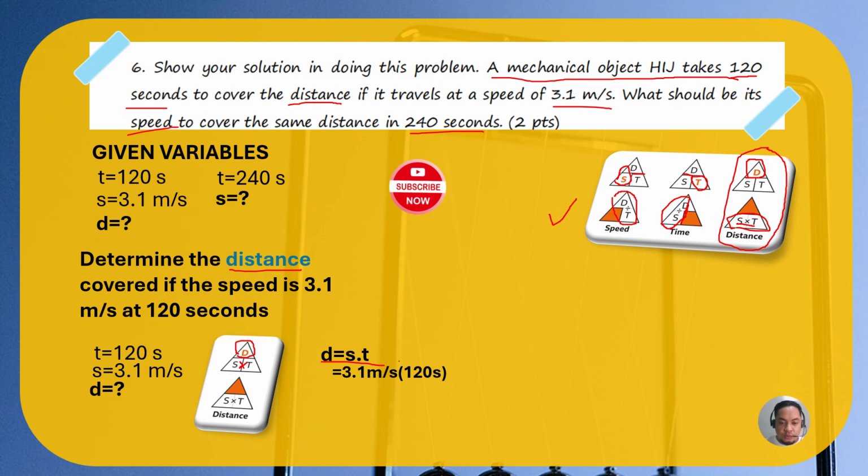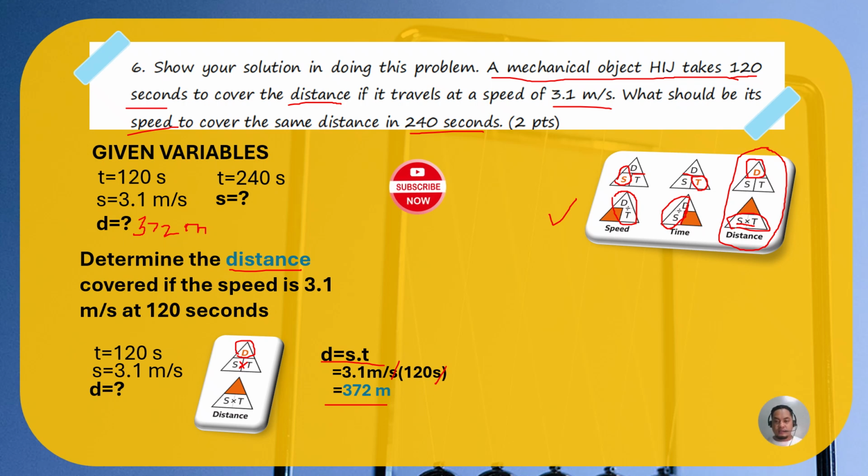In this case, we can cancel the seconds, and then we will multiply. 3.1 times 120 will give us a product of 372 meters. So that's the distance being covered, provided that 3.1 is the speed and the time recorded is 120 seconds. So this is the distance that we can put here: 372 meters.